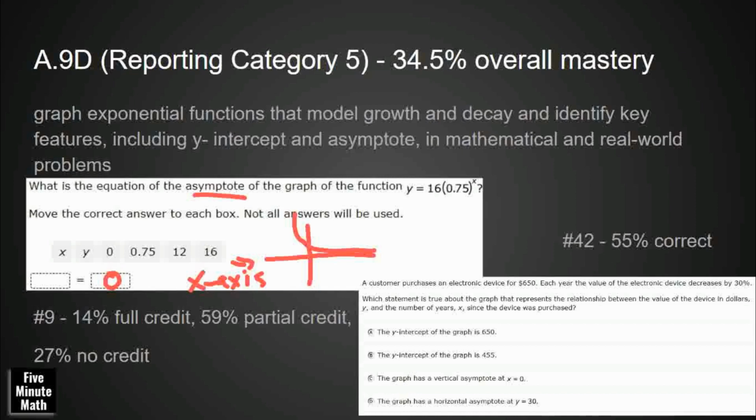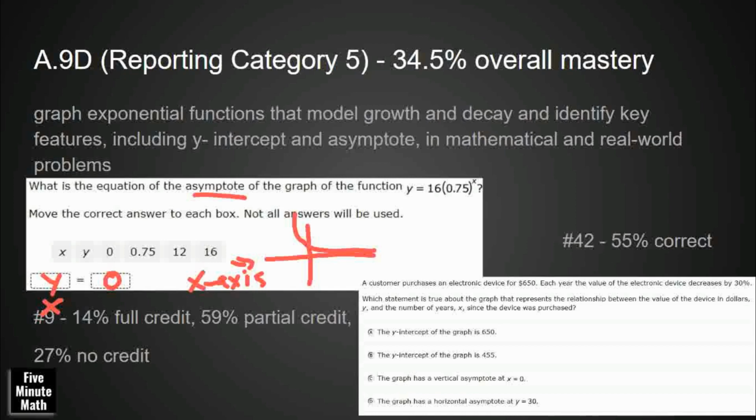So the correct answer, if it's on the x-axis, is y equals 0. But my supposition is that 60% of the students put x equals 0 just because they thought it's on the x-axis, therefore I need the letter x in there. And so flipping the y and the x for that x-axis is obviously going to take a point away from kids.